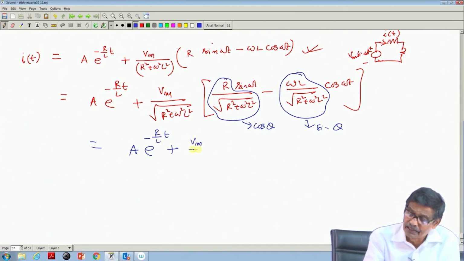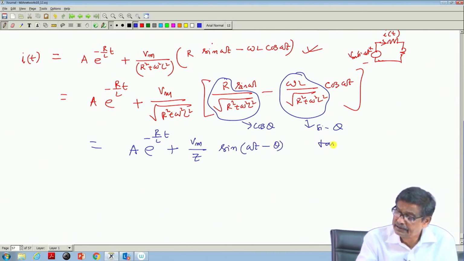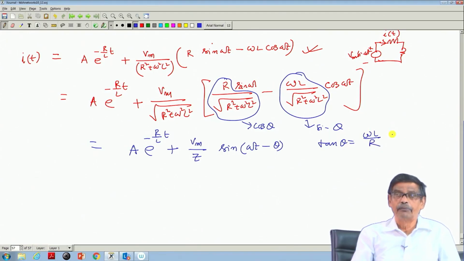So, V m by this, if you call it Z, impedance, you must be knowing, into this will then be written as sin omega t minus theta, where tan theta is equal to omega L by r. You got the point.